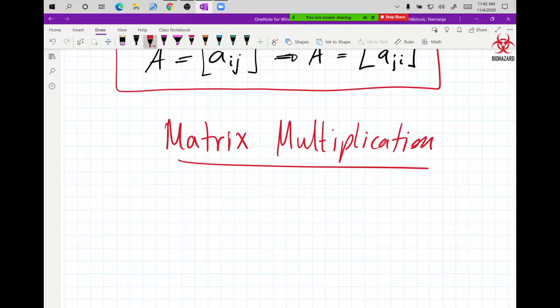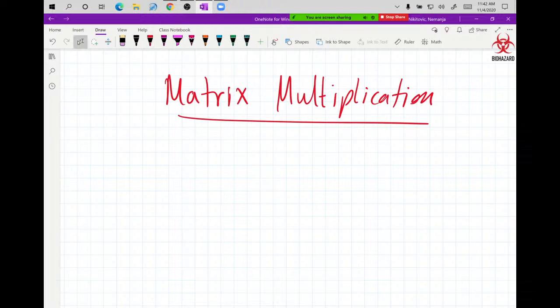So what is the way for us to multiply matrices? Matrix multiplication is defined through multiplying rows of the first matrix into the columns of the second matrix, and there are strict restrictions on sizes of matrices that are compatible for multiplication.